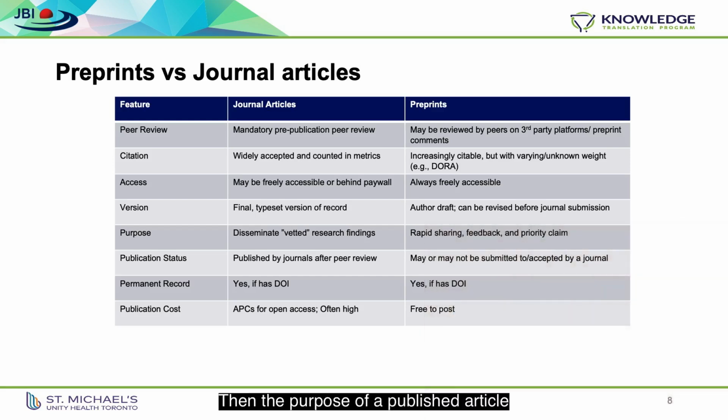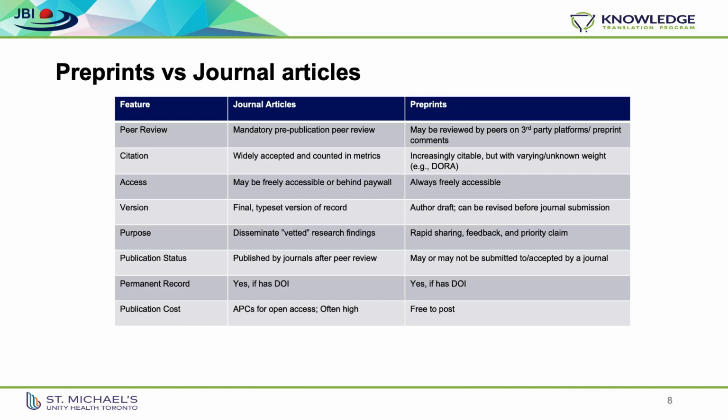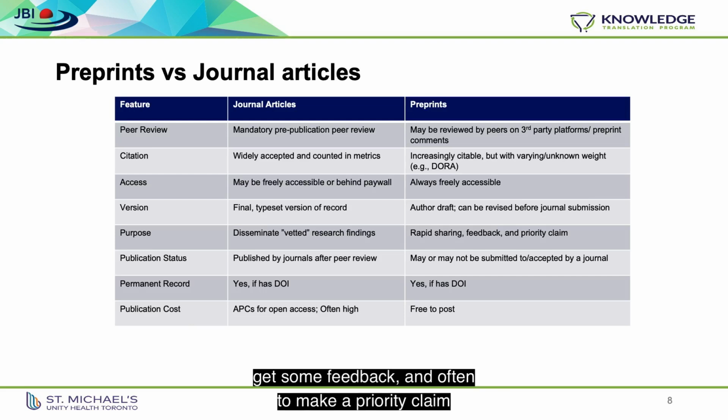Then the purpose of a published article is to disseminate vetted research findings, which we think conveys some sort of trustworthiness of the research. Not sure that's true. But with preprints, the idea is to rapidly share research, get some feedback, and often to make a priority claim because it does take so long to get published.